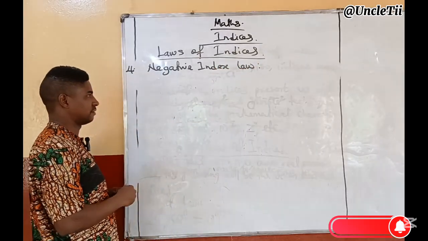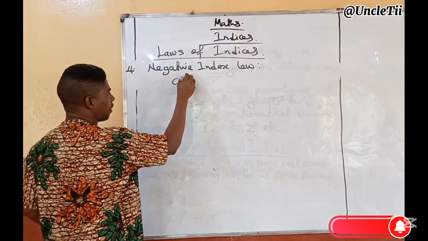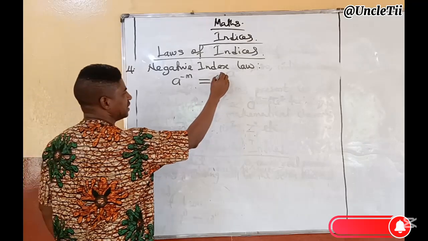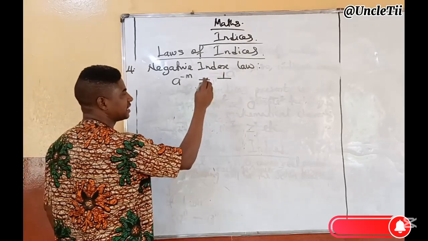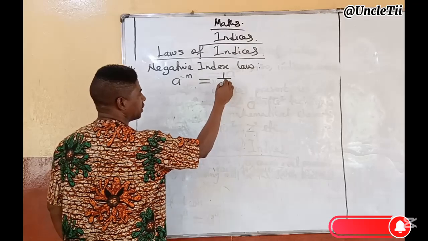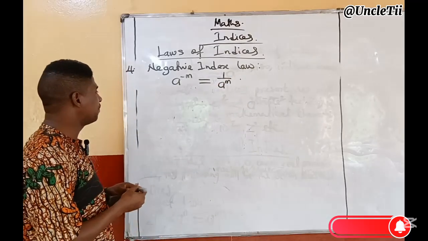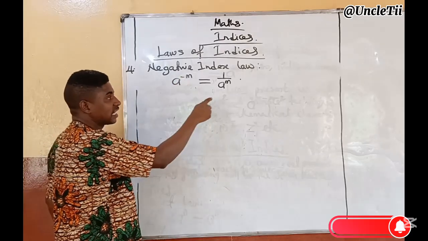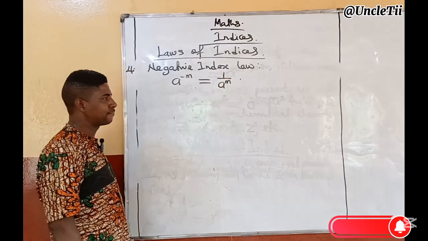Look at what this law is saying. This law is saying a raised to power minus n is equal to the reciprocal, or the multiplicative inverse, of a raised to power n. So it means that literally this negativity in the index translates to this reciprocal, 1 over.